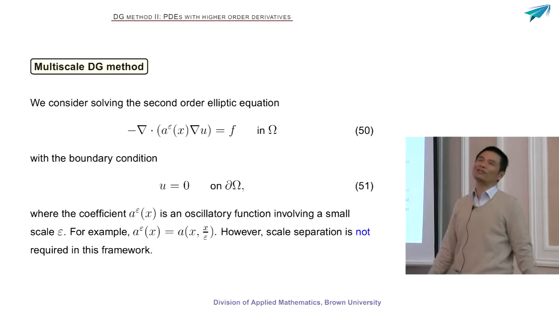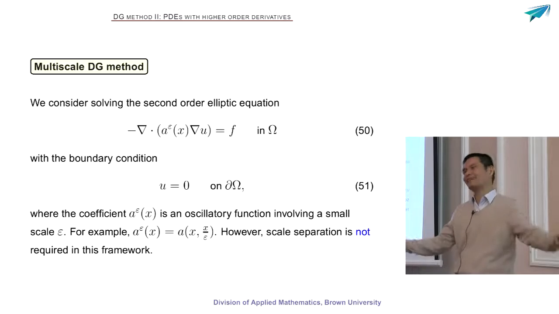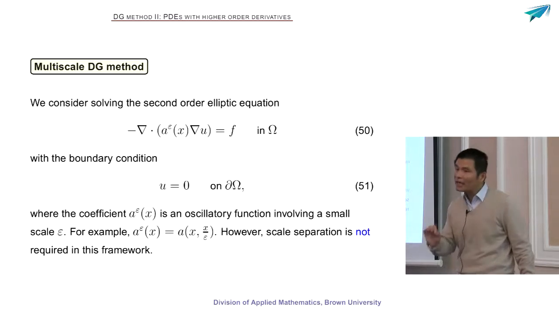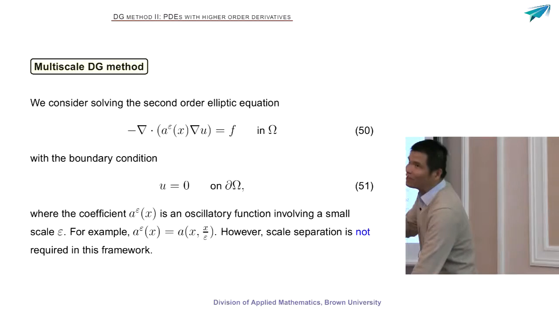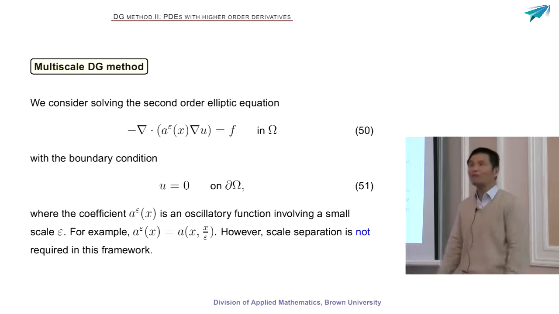Then forget about using polynomials as your approximation, right? If you use a linear polynomial function to approximate such a thing, it cannot be accurate. So you would have to use different basis functions, which are by themselves oscillatory. Now, here, the DG method has a huge advantage because, like I mentioned before, DG is flexible for p-adaptivity.